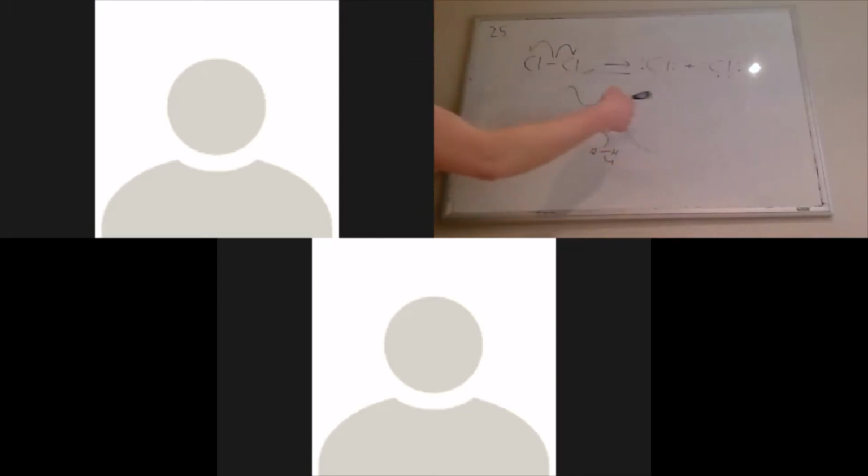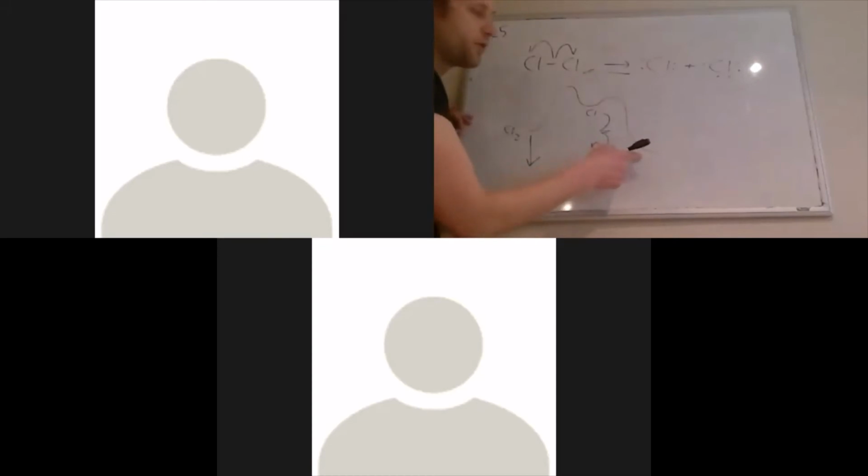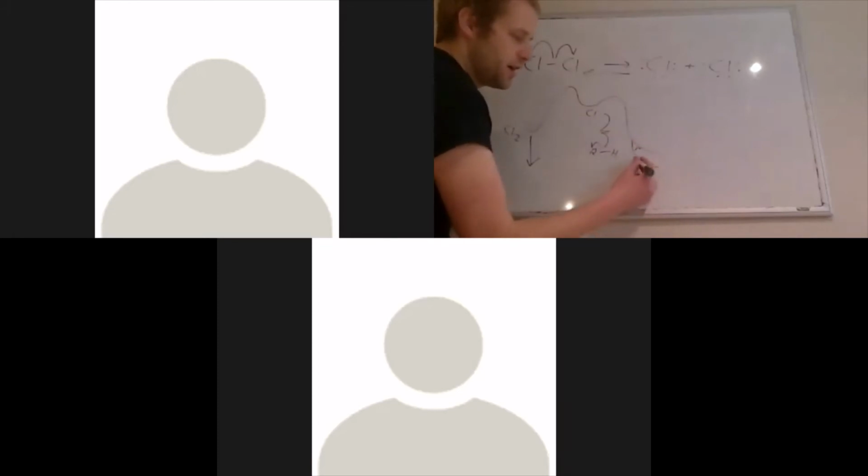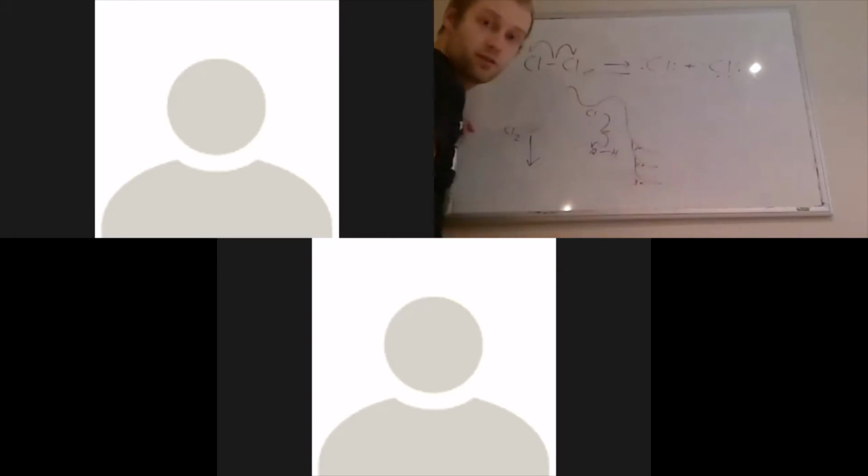So we end up with the radical, and the radical is going to be stabilized depending on whether it's primary, tertiary, or secondary. So, the primary is going to be the least stable. We'd have more stable secondary and more stable tertiary. So far, so good? Can you see that okay?